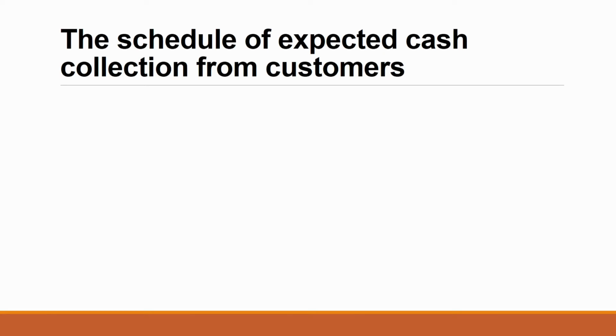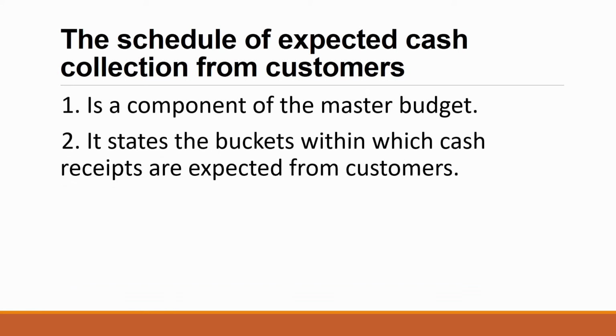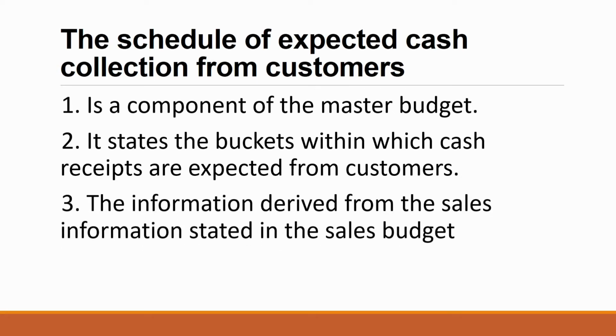Now we look at the schedule of expected cash collection from customers. It is a component of the master budget. Number 2, it states the buckets within which cash receipts are expected from customers. Number 3, the information is derived from the sales information stated in the sales budget.